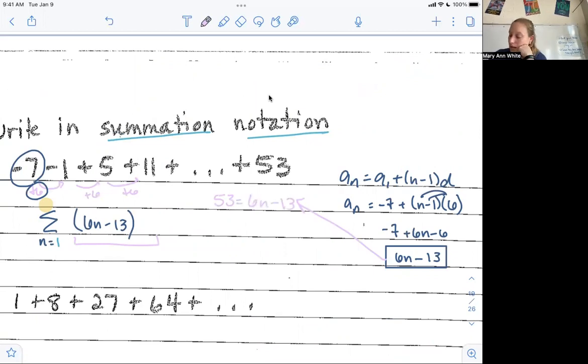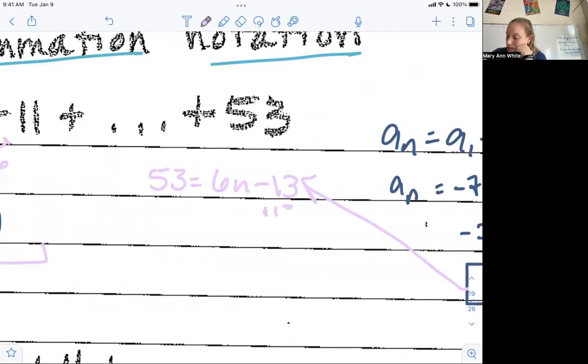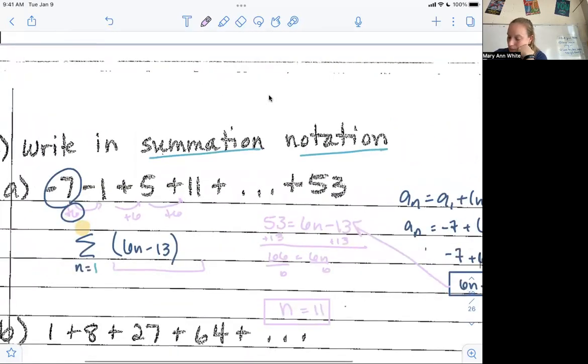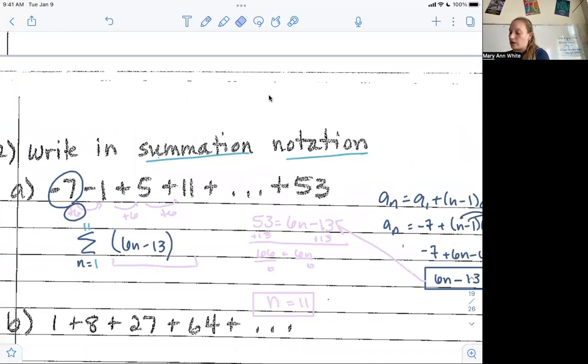Add 13 to both sides. I get 66 equals 6n. And then when I divide by 6, n equals 11. So that's the 11th term right there. So I'm going to put that in the top of my summation notation. You're not done with your summation notation until you have a number where you start, a number where you end, and then the expression which you use to find all of these things.